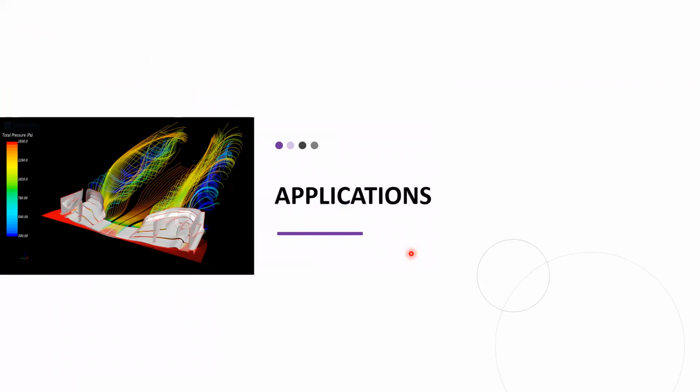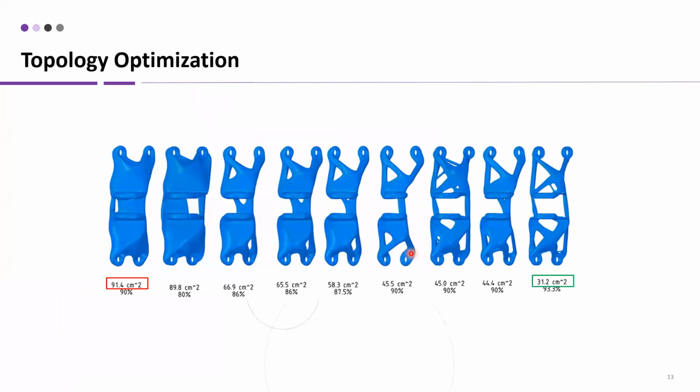So let's move on to applications. One very prominent application of simulation is topology optimization. The aim is to keep the structural integrity of the product as it was, but to reduce the material and improve design. As you can see, by iterating over the designs, one can achieve a reduction of surface area from around 90 square centimeters to just around 30 square centimeters.